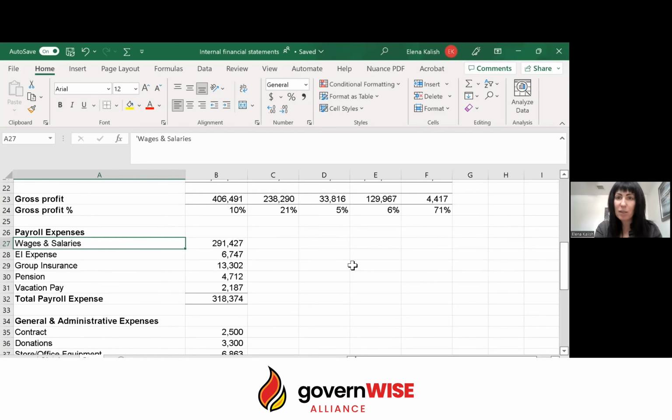You'll see here that gross profit depends on how much I sell, right? Because the calculation is sales that are coming in minus the cost of those sales. So if I'm selling gas, then gas sales minus the cost of gas that I had to pay to the vendor, okay?